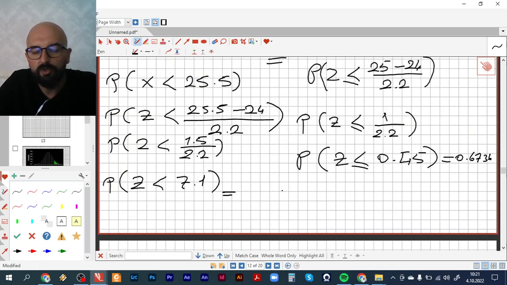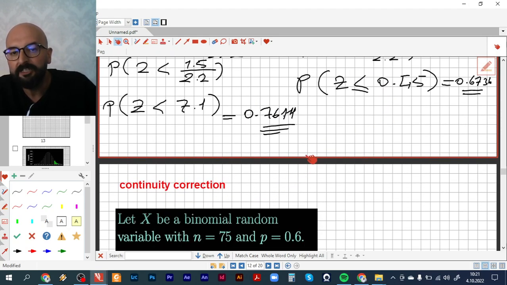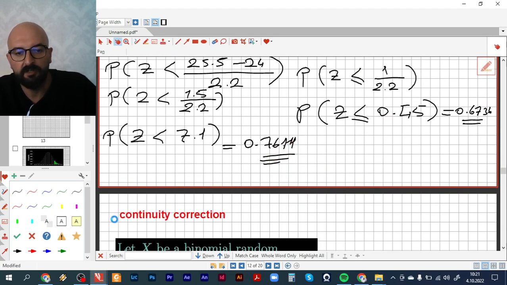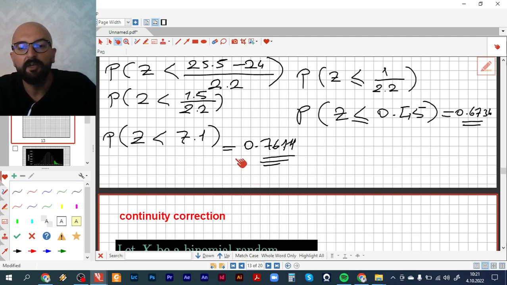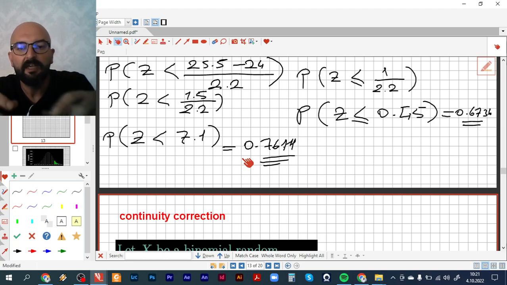So our value is 0.75 and 11, and this value and this value are very different, but with the continuity correction, your value is very close to the true value.